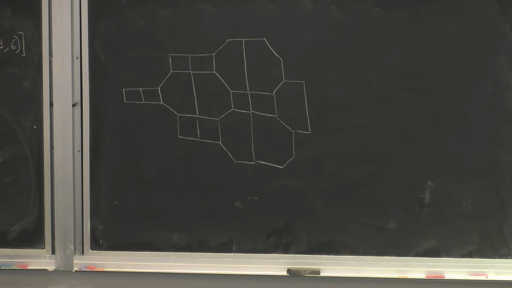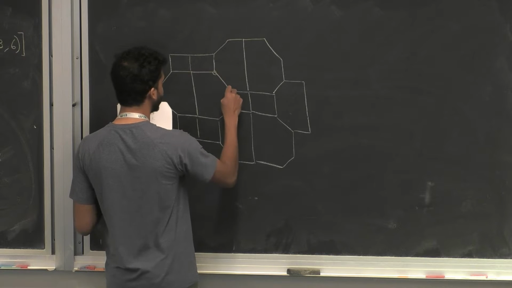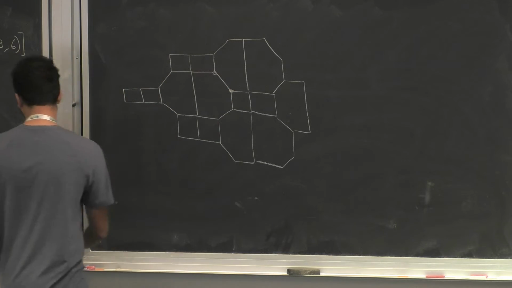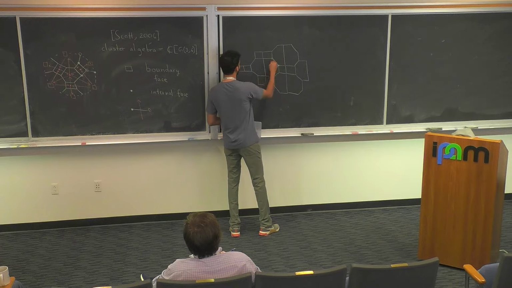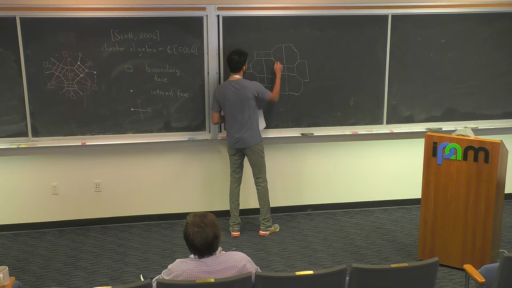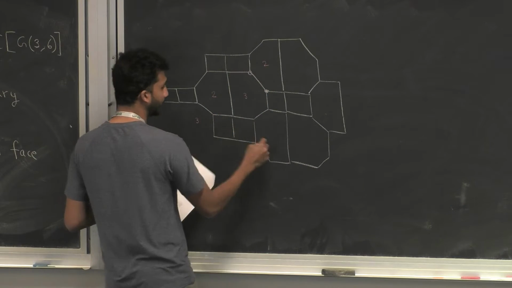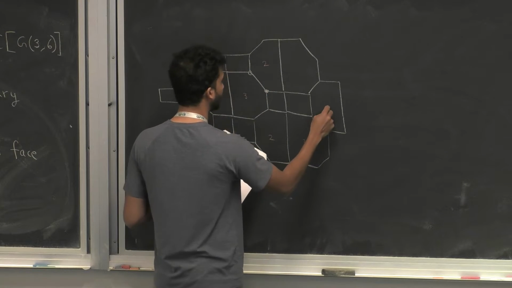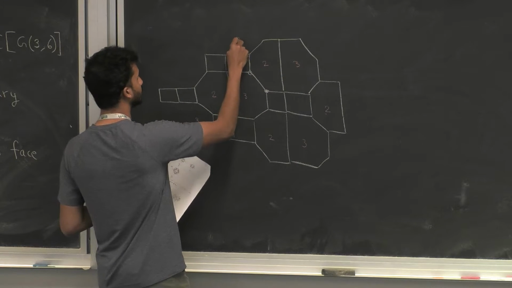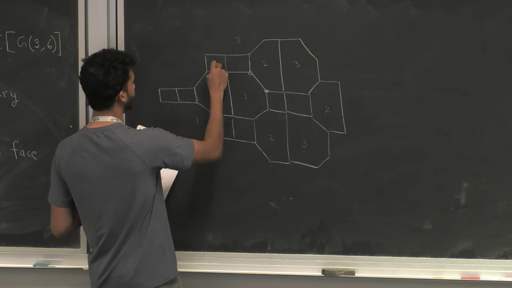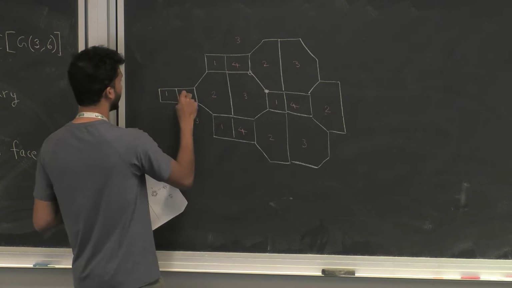And to this graph, you can associate a quiver, which looks like this. Suppose these are my white vertices. Then the quiver looks like this. So this face is a translate of this face, so let's give them the same name. This is going to be phase 2. This is going to be phase 3 for me. And these are going to be phases 1 and 4.